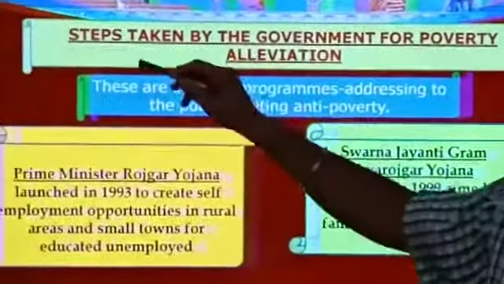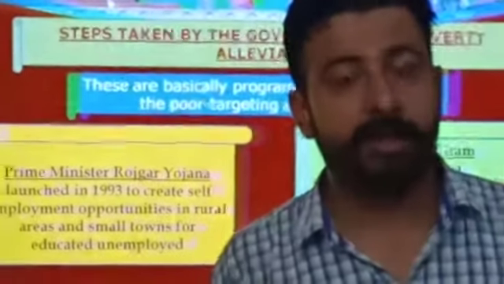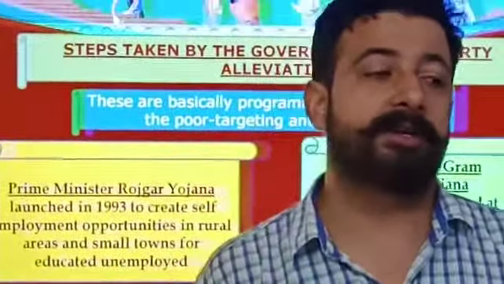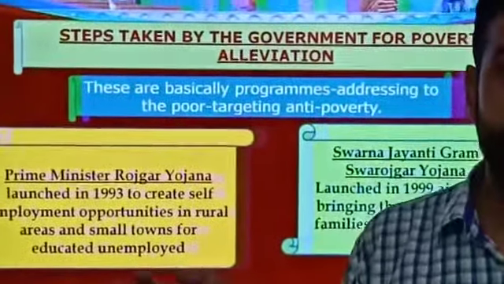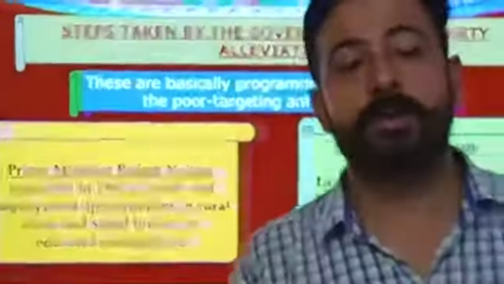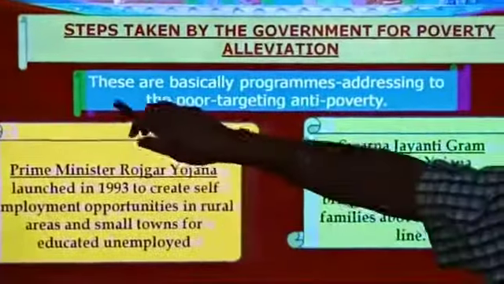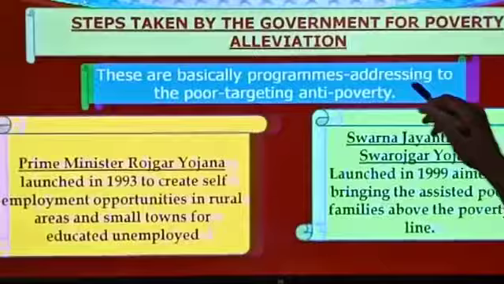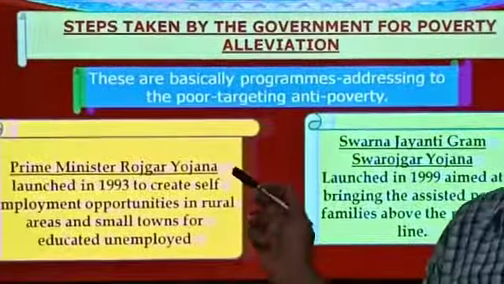Next is the steps taken by the government for poverty alleviation. What is the main objective of the government? The main objective of the government is to remove poverty, to overcome this problem. These are basically programs addressing the poor, targeting anti-poverty.